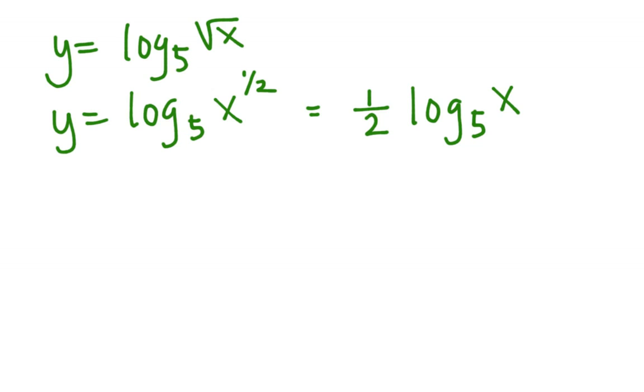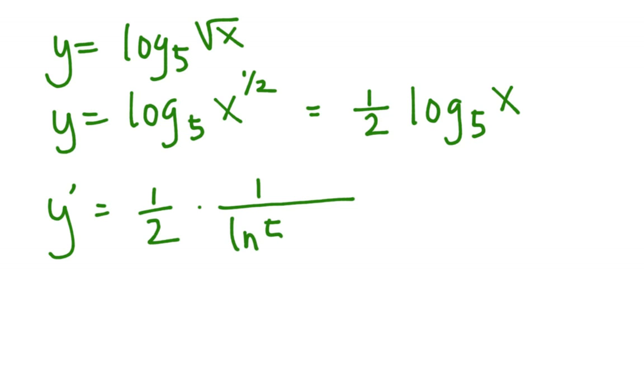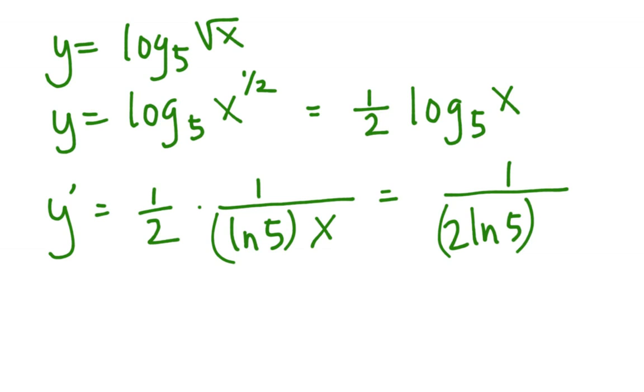So now I have 1/2, just the constant, u prime, well, it's just 1, over ln A, ln 5, times u. Okay, and you can just simplify this to be 1 over 2 ln 5 times x.